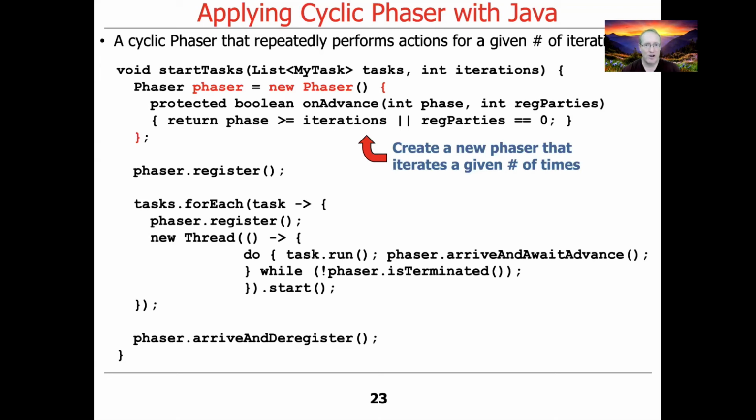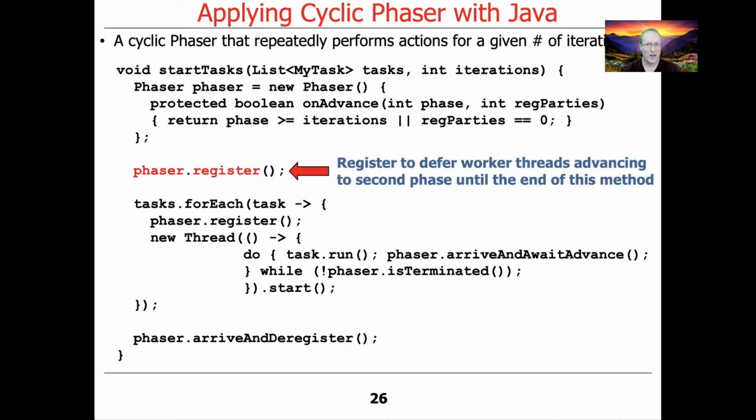And if it is, it'll return true, meaning we're done. Or if the registered parties equal 0, it'll also bail out in that case too. So the hook method that we're overriding here will determine when the phaser will terminate. You can see it terminate when all the iterations have completed or the registered parties equal 0.